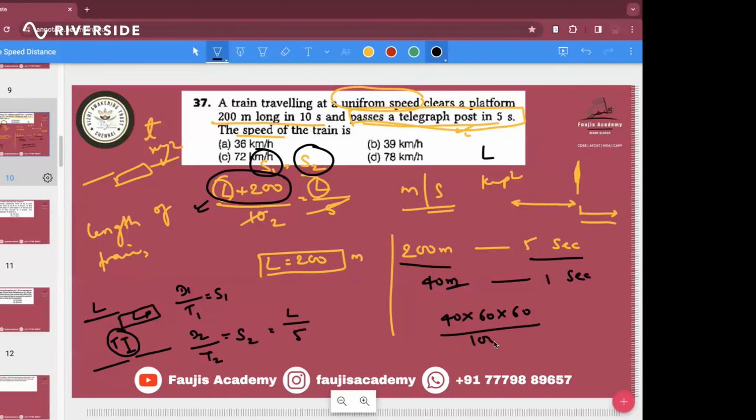To change it into kilometers, we have to divide by 1000. These 3 zeros got cancelled. What is your answer? 6 into 6 into 4, that means 36 into 4, which is 144 kmph. Which option is the correct answer? None of them. This question had to be dropped by the AFCAT examination taking body.